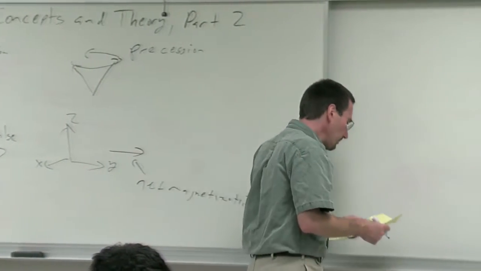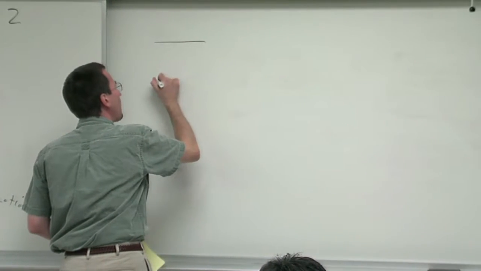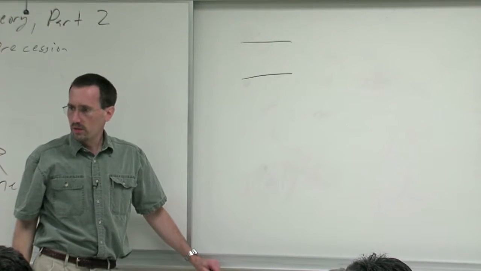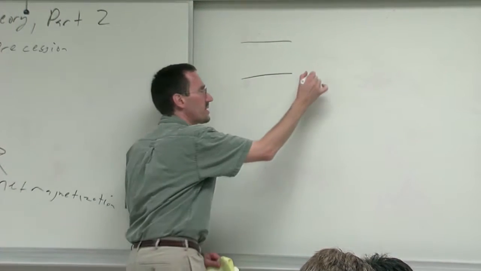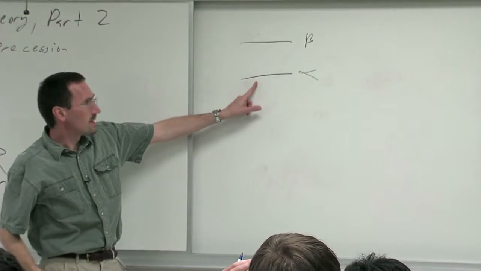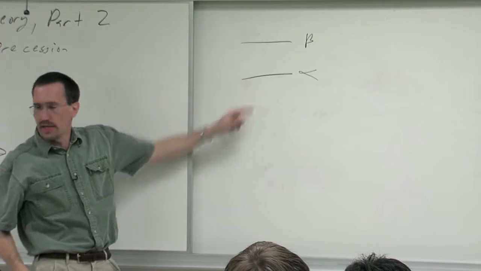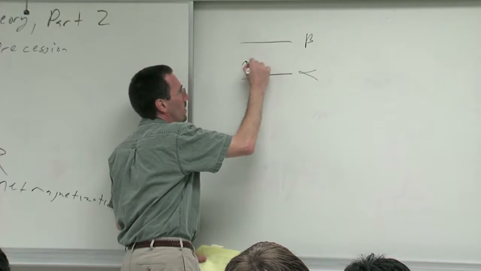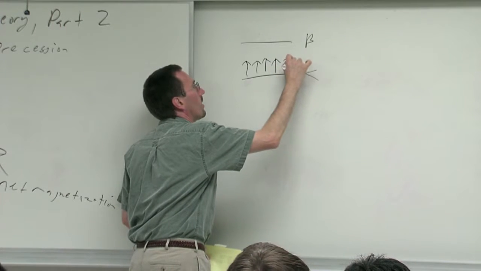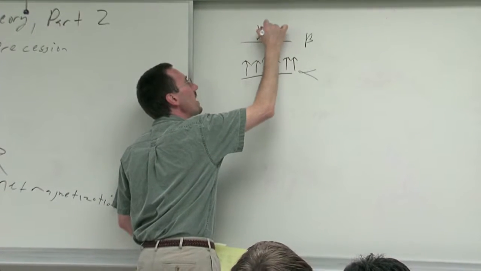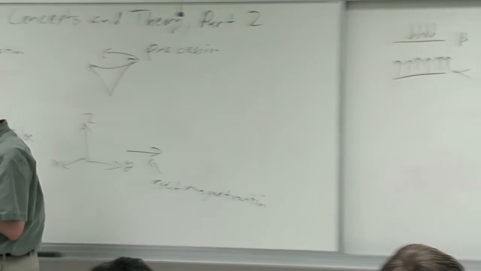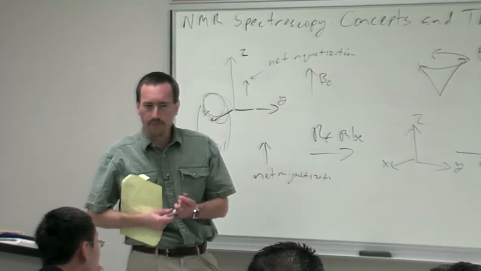So the way I was trying last time to represent this very small difference between the alpha state and the beta state was to show some spins pointing up in the alpha state, and some spins pointing down in the beta state, and to try to represent this minuscule difference in population.